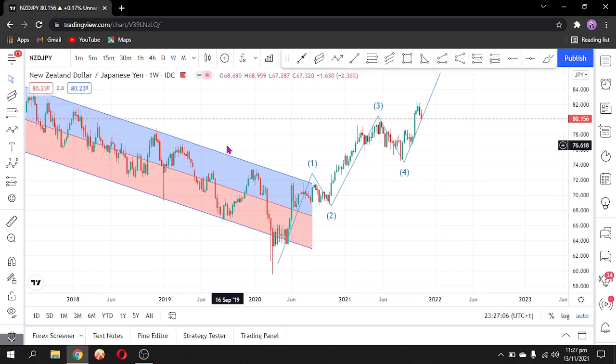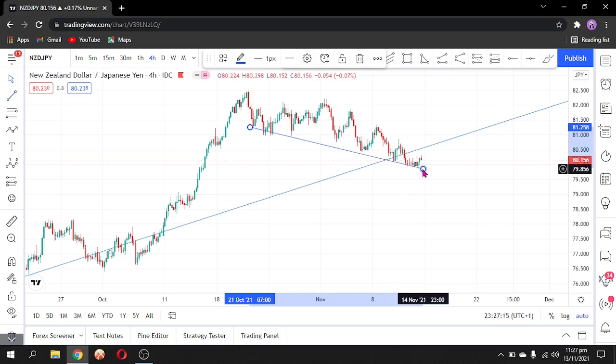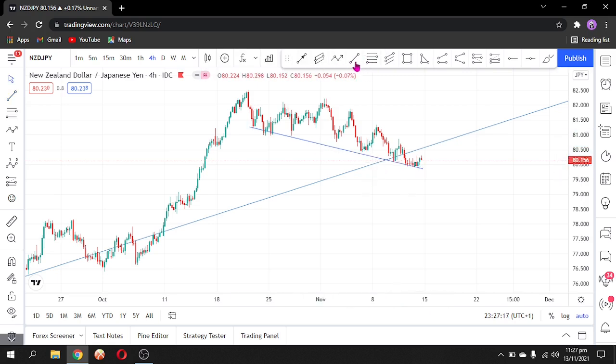And so if we go back to the 4-hour time frame, we will discover that price has given us a triangle pattern.